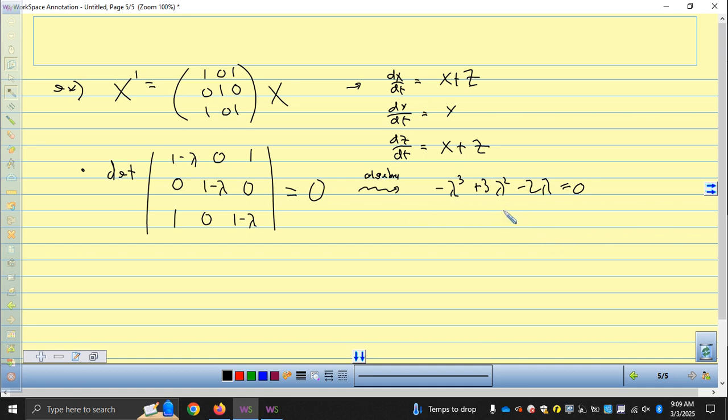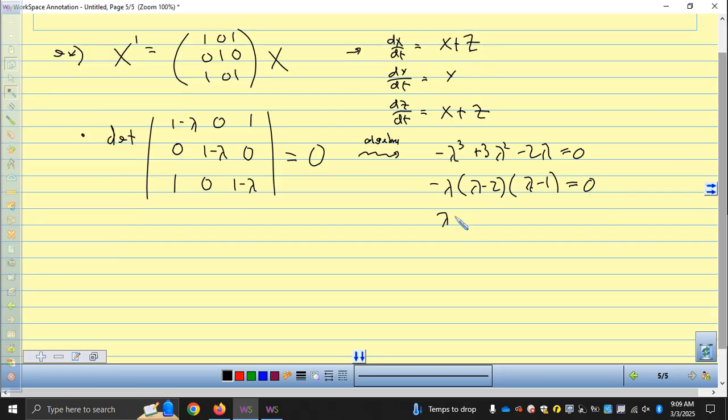And this is not a terrible equation. We get negative lambda times lambda minus 2 times lambda minus 1 equals 0 when we simplify. So we have 3 distinct eigenvalues: lambda equals 0, lambda equals 2, and lambda equals 1.